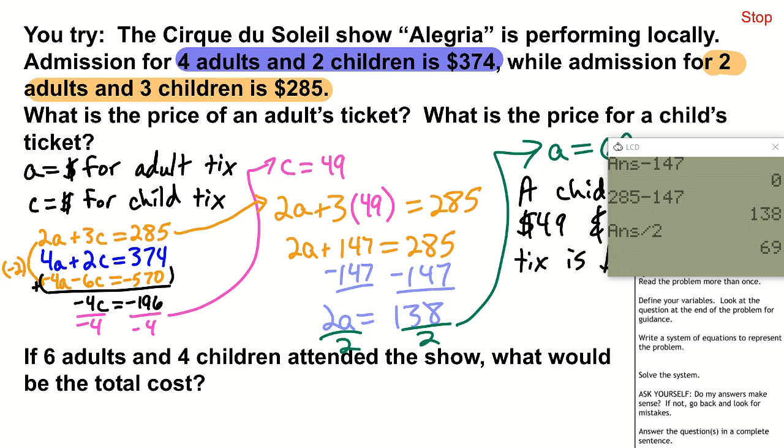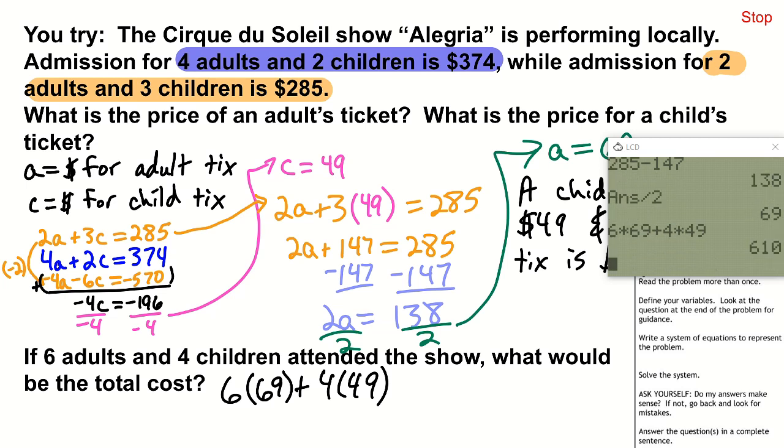So the question is, how much would it cost to have 6 adults and 4 children? So 6 times 69 plus 4 times 49 is $610. And that is the answer.